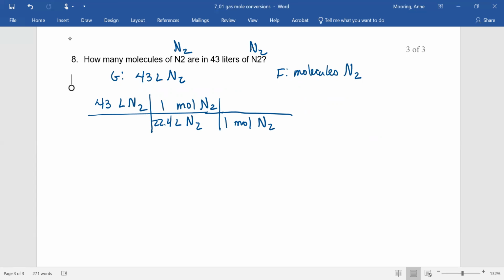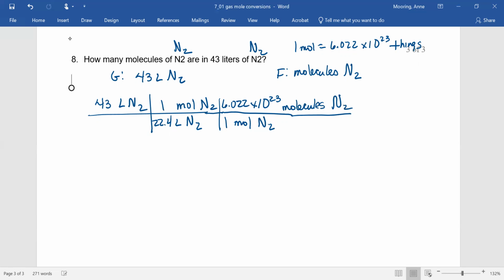And we go, oh yeah, you know what? I need to remember that 1 mole equals 6.022 times 10 to the 23rd things. So I'm going to write 6.022 times 10 to the 23rd molecules of N2.